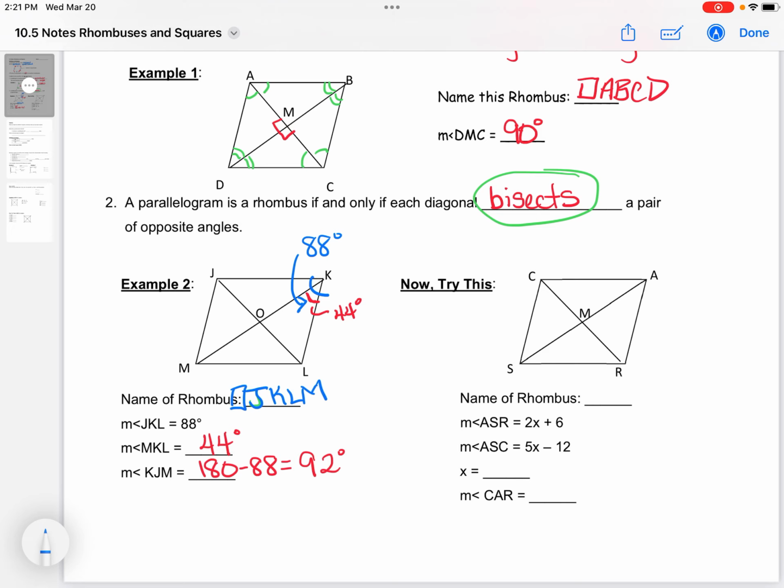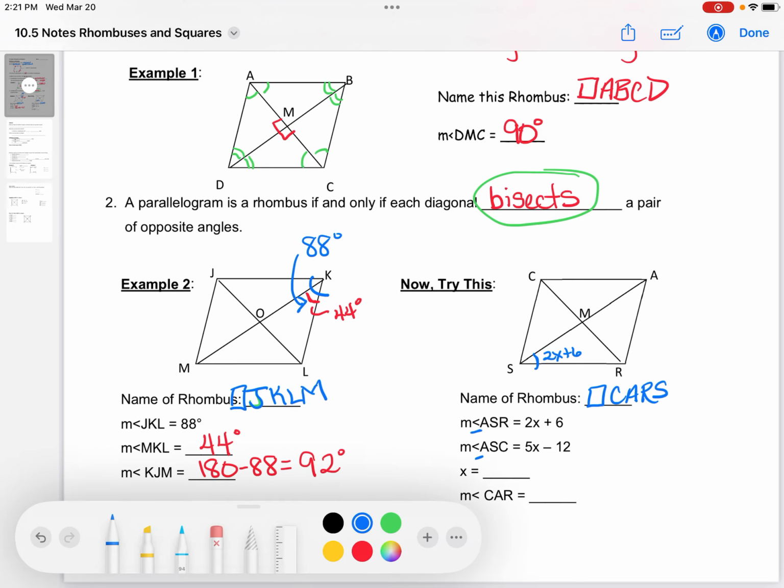All right, so pause for a minute, try and do the next one. Let's call the rhombus CARS, because you kind of have to. Okay, so these are angles. A to S to R is right there, and that's 2x plus 6.